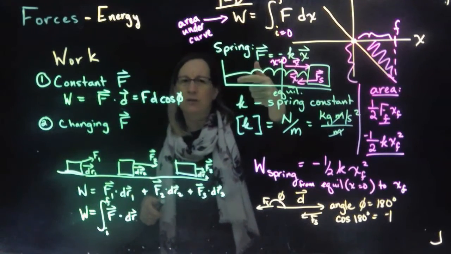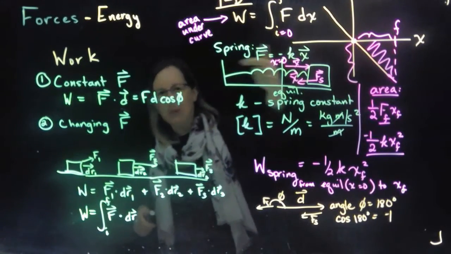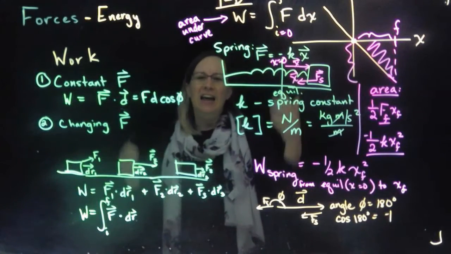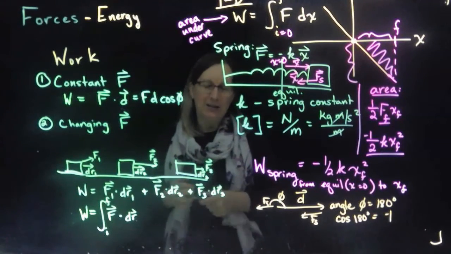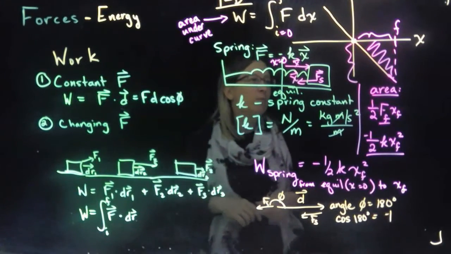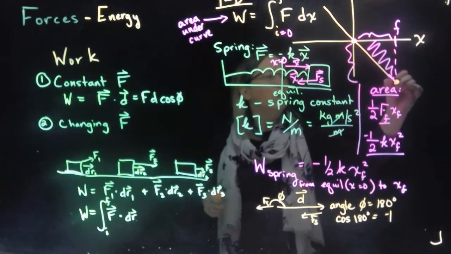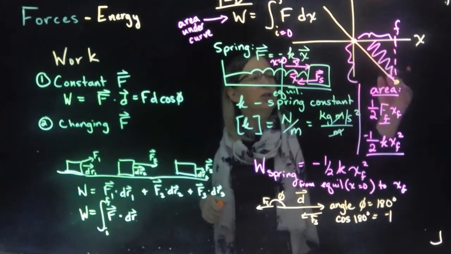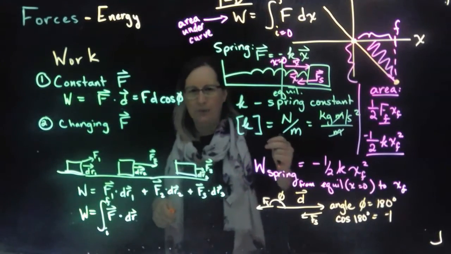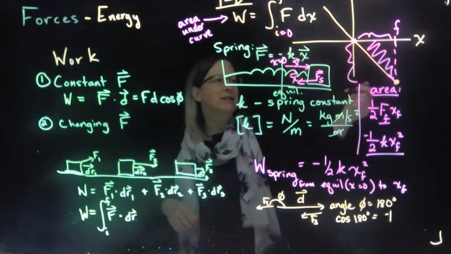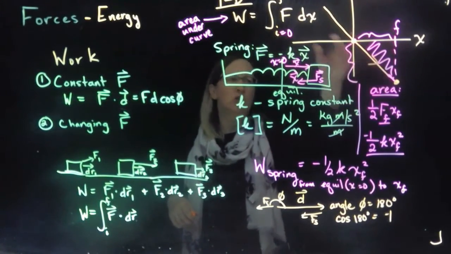Then the spring force is in this direction, the displacement is also in that direction, and so all of a sudden you get positive work. And so that would be on this same graph going from this point back the other way. Okay, the area still looks like it's negative, but we really do care about the direction that we do this integral.